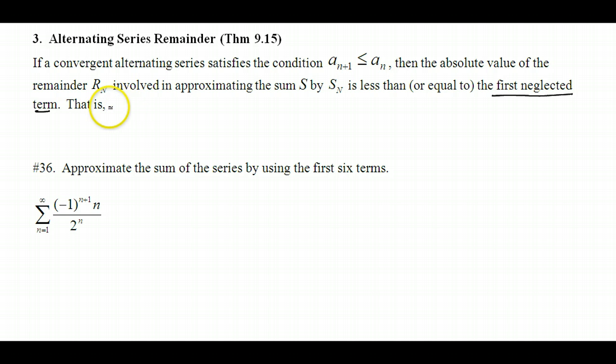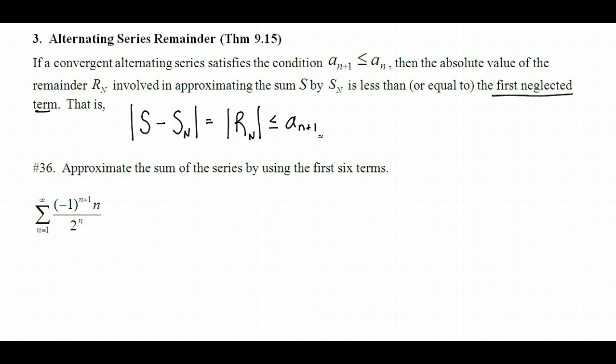To write this out, basically we want the absolute value of our sum minus the partial sum. This is going to equal our remainder, which has to be less than or equal to, because it's that first neglected term, a sub n plus 1.